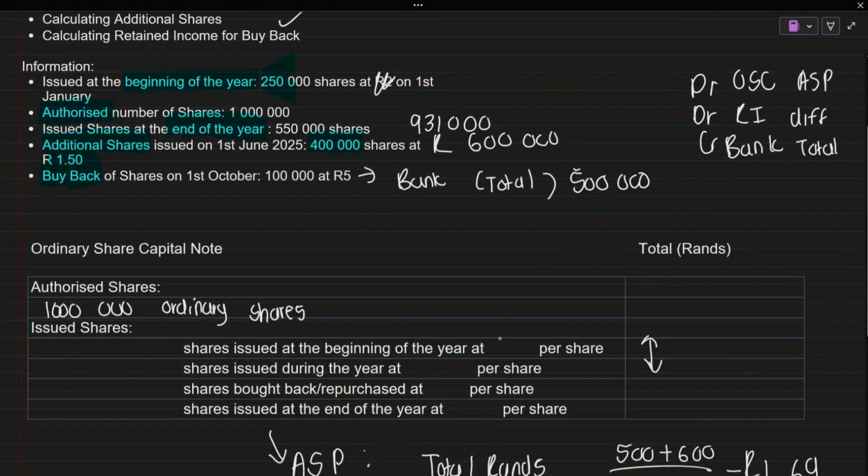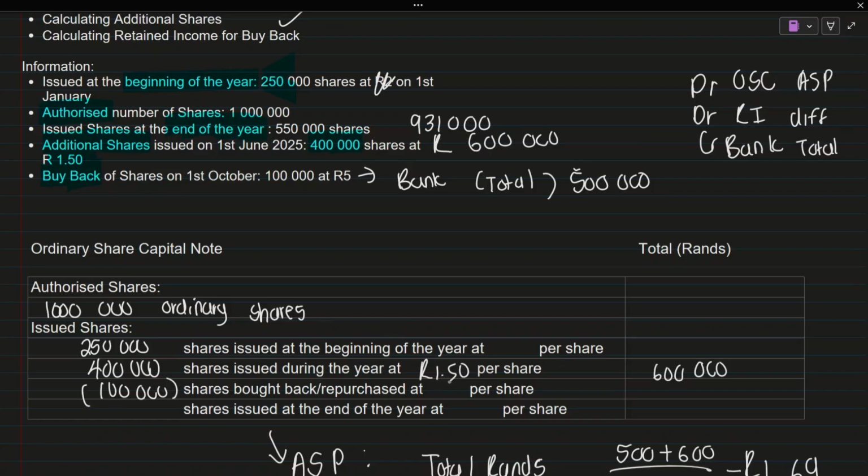But for now, let's put all of our information into the table. So we do have 250,000 shares at the beginning of the year at some price that they have not told me. Shares issued during the year at some price, so they have told me it is 400,000 at 150, and that is 600,000. Okay, I don't need to put the rand over there. Then our buyback, they have told me it's 100,000.